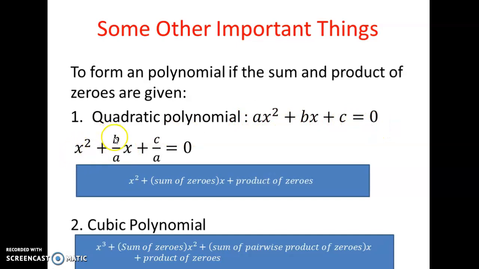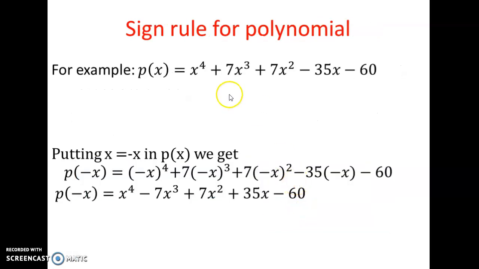So we have x square plus b by a x plus c by a equal to 0, and we know that minus b by a is the sum of the roots and c by a is the product of the roots. So the formula is x square minus (sum of the zeros) x plus product of the roots. Similarly for a cubic equation: x cube minus (sum of the zeros) x square plus (pairwise product sum) x minus product of zeros.